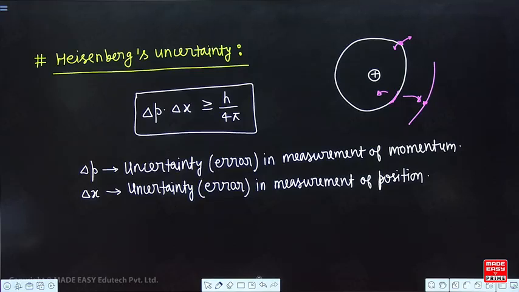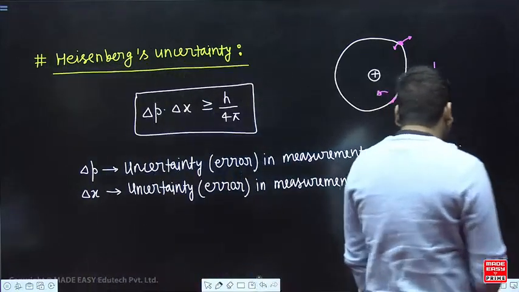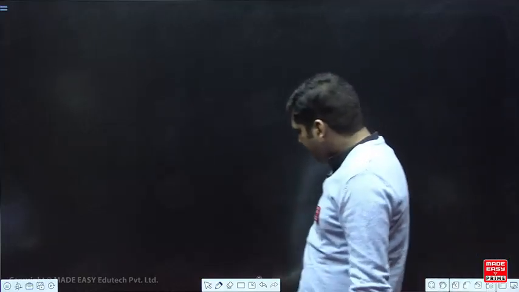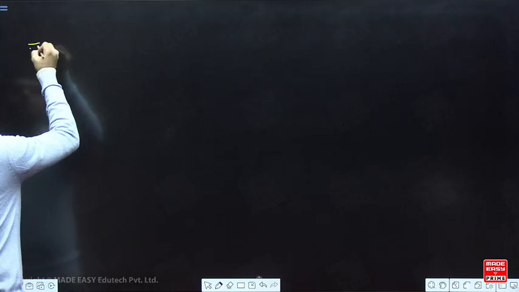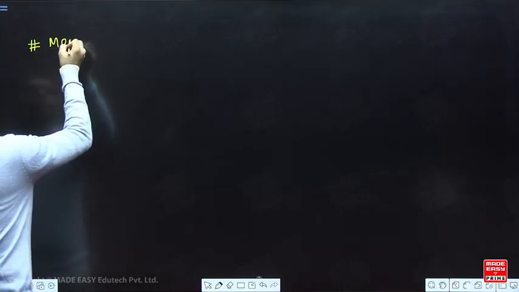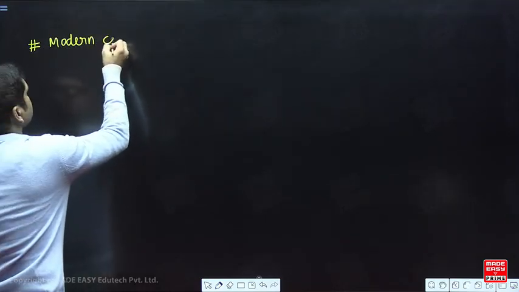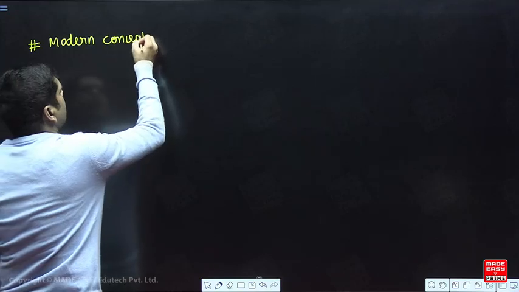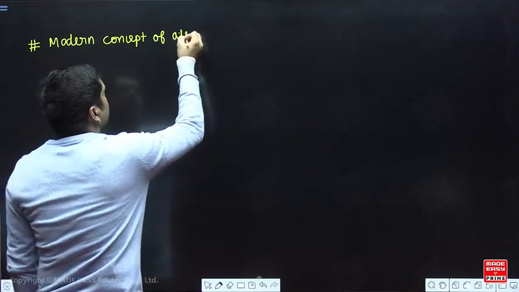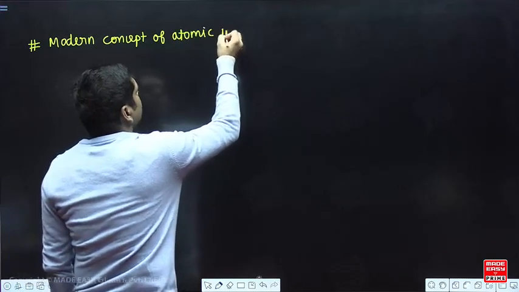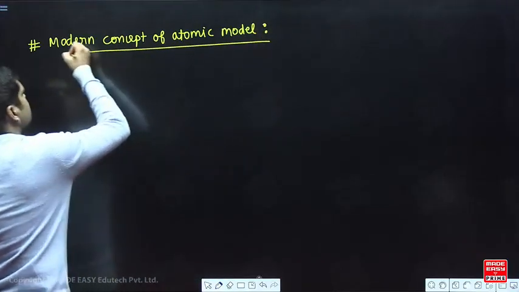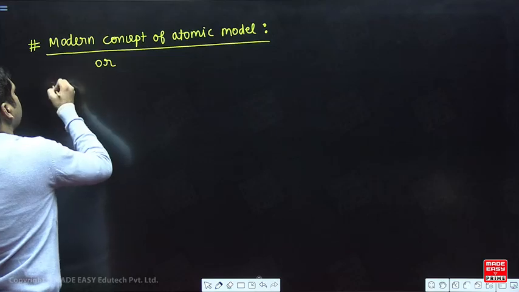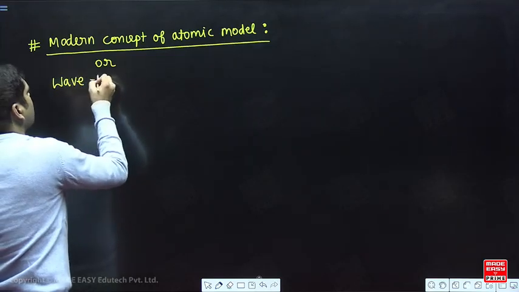So by using Heisenberg's uncertainty principle, we developed the modern concept of atomic model, जो आज तक फॉलो हो रहा है। This is also known as wave mechanical model of atom.